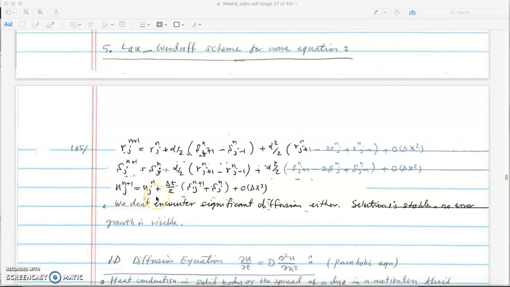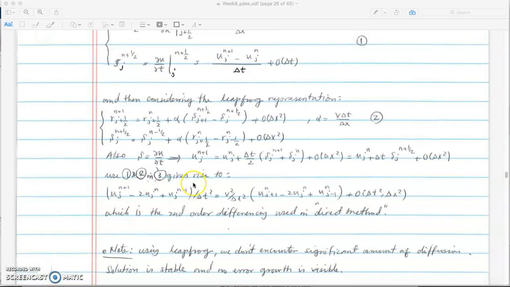And this is just the central difference in the time derivative of u, and then average of s for the spatial derivative. So basically this is du dt is equal to s at n plus half and j. So this is basically the equation we had right here. Or in other words, this is the equation for u.